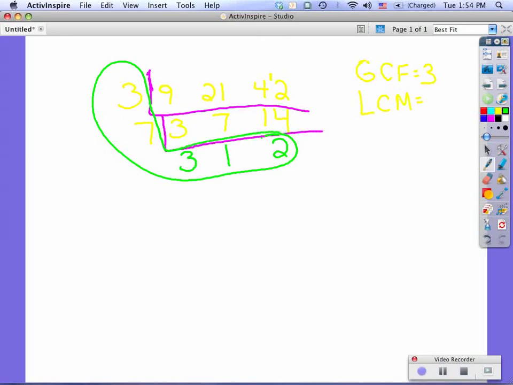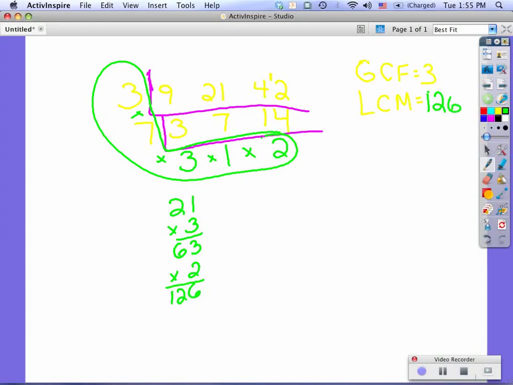Draw the L. Multiply. Are you going to be able to do this in your heads? Probably not. 7 times 3 is 21 times 3 is 63 times 1 is 63 times 2 is 126.